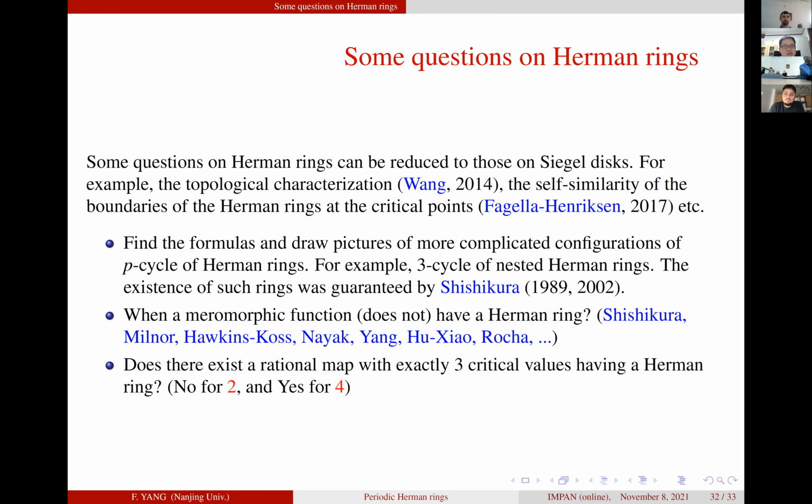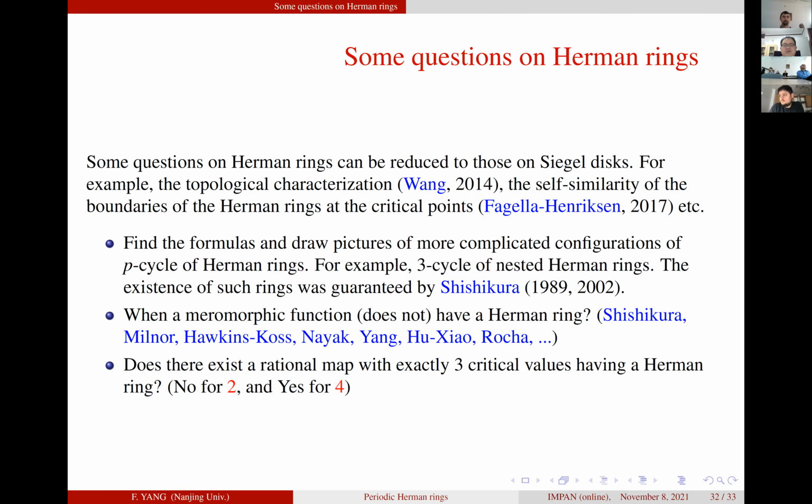And the last question is like this: does there exist a rational map with exactly 3 critical values having a Herman ring? If there are only 2 critical values, then by the result of Shishikura and Mino, the answer is negative.